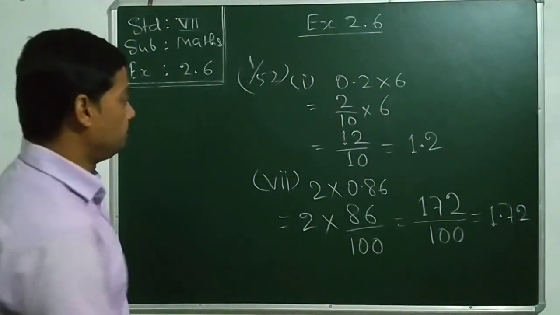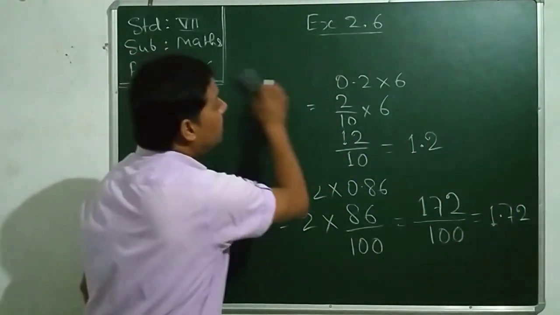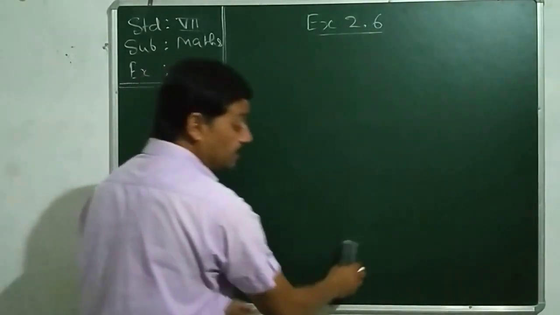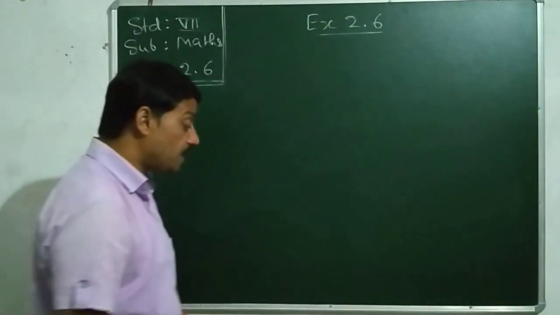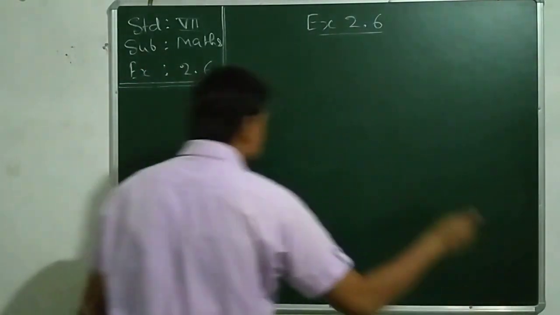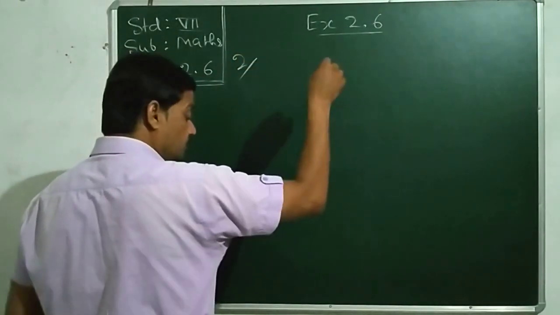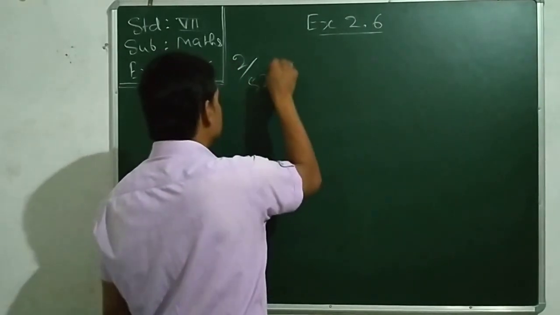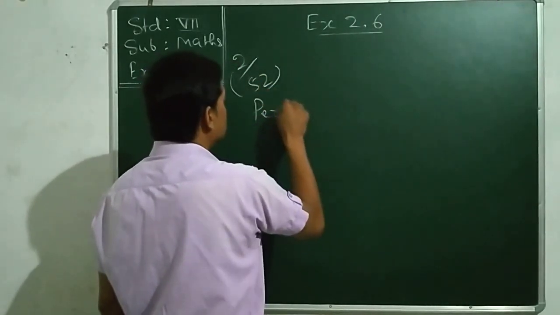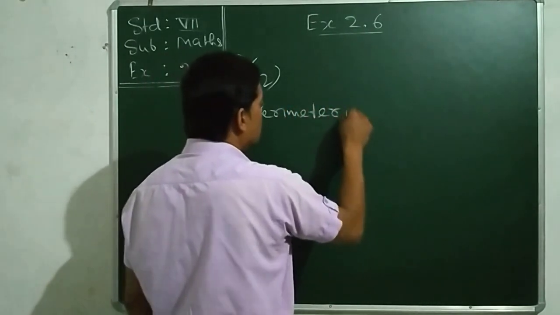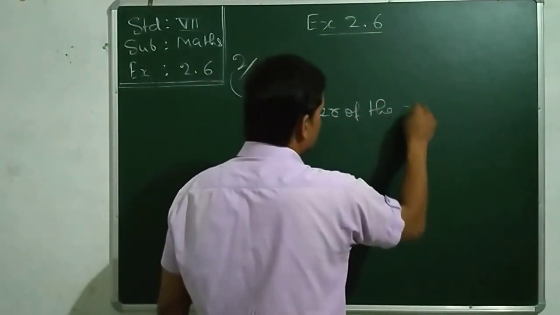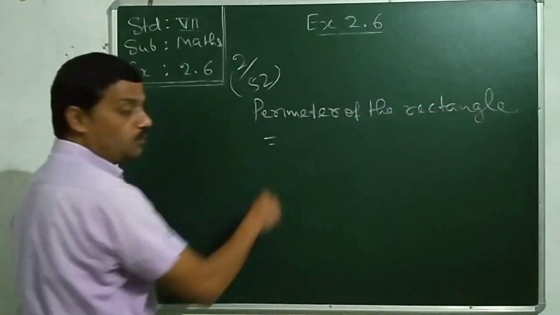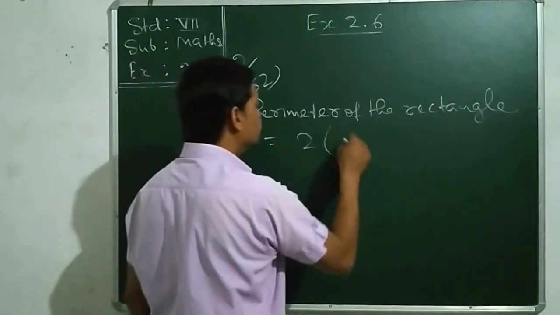Come to the number two sum. In the number two sum, the length and breadth of the rectangle are given and the perimeter of the rectangle is asked. We know the formula, that is 2 into (L plus B).